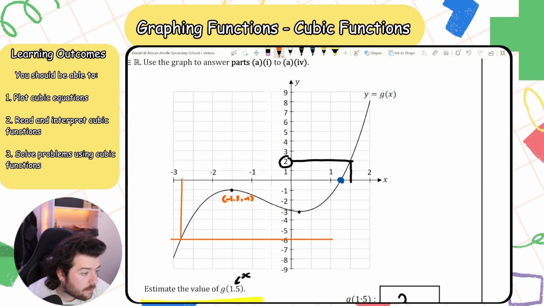And then my local minimum point would be around here. So x is 0.25, and my y value is going to be minus 3.1. Right? And that's it there.